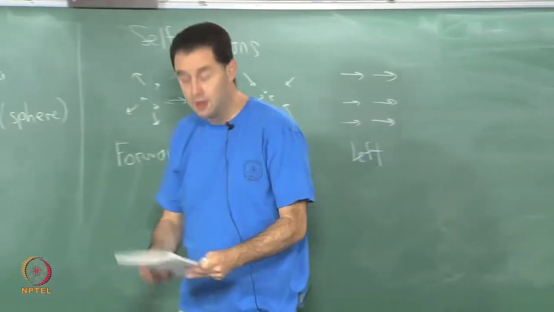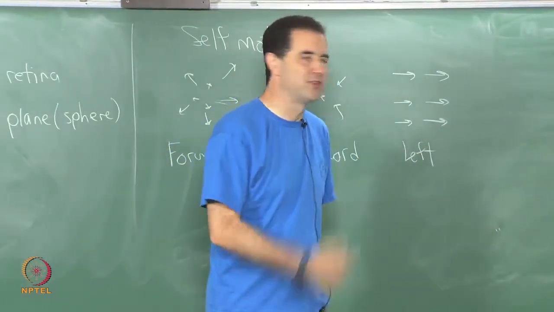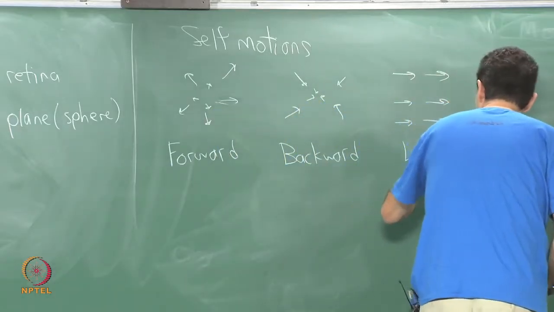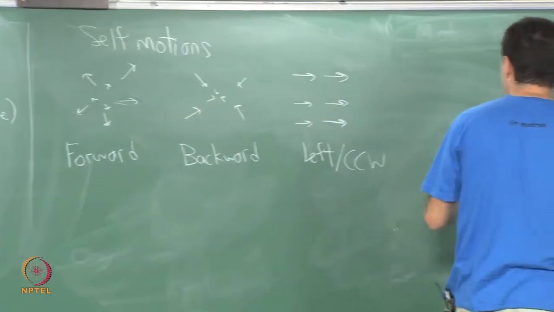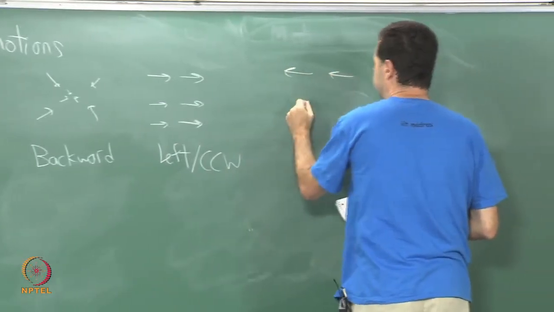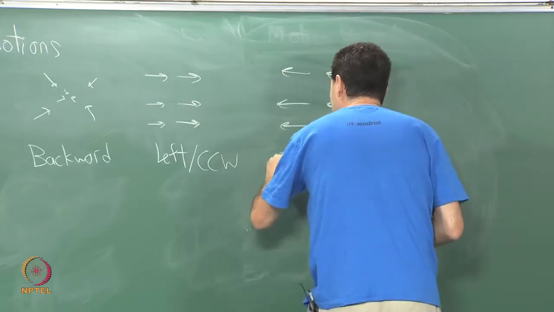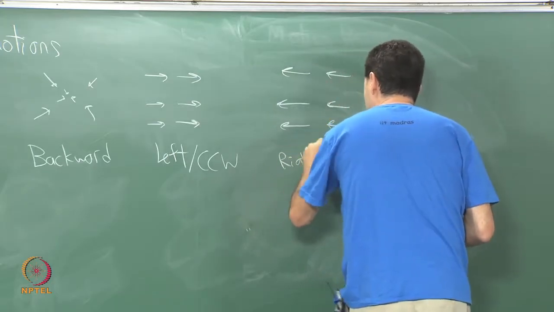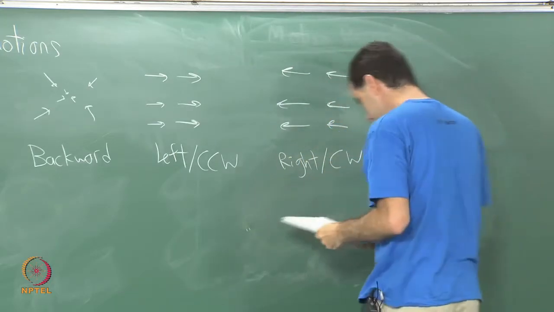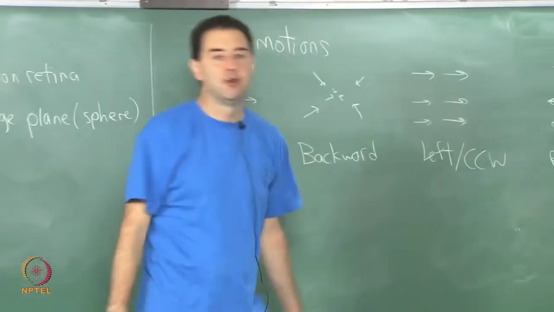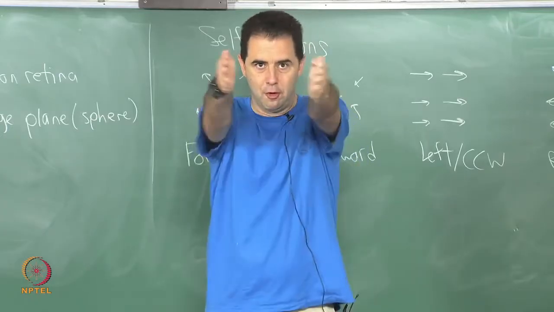Also, if I turn myself counterclockwise, I also see flowing to the right. So I see also counterclockwise. Of course, I'll get flow in the opposite direction by going right or clockwise rotation.